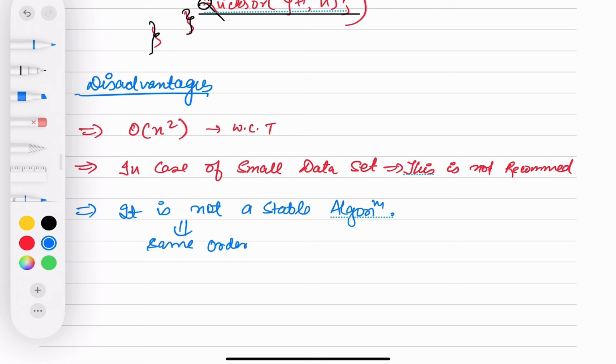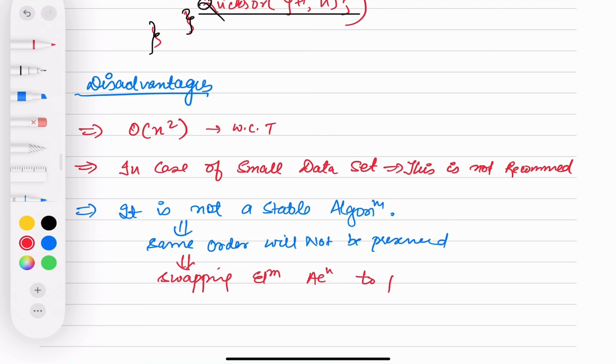I'm not looking at what is coming next to it, I'm just saying if the element is less than the pivot, put it on the left. That's why this is not a stable algorithm.